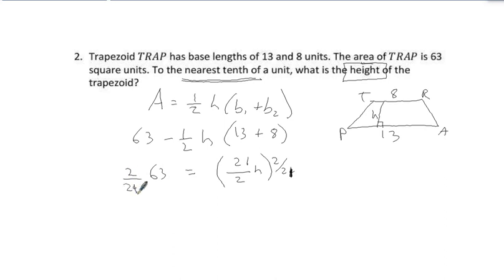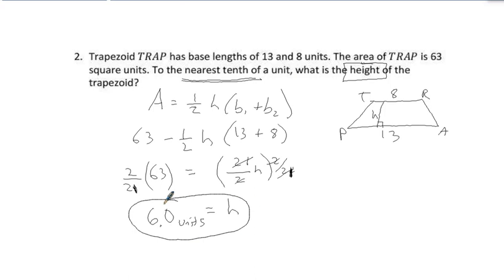We're going to multiply by 2 21sts. That's going to cancel the 21s and the 2's over here, leaving us with just the height equal to 63 divided by 21 times 2, which is 6.